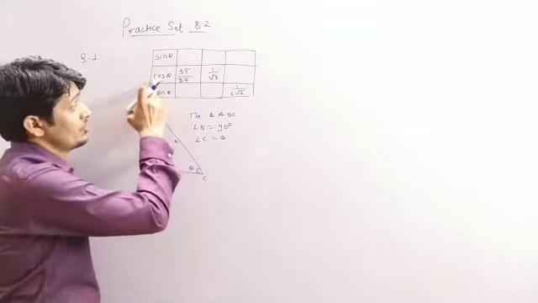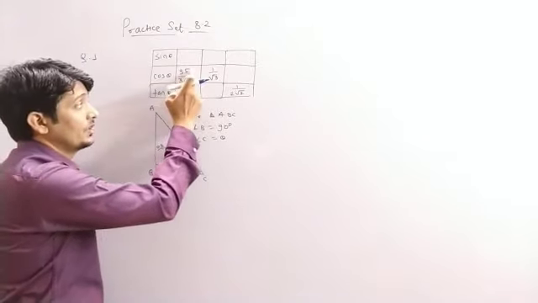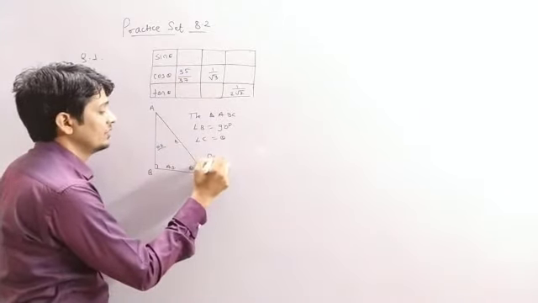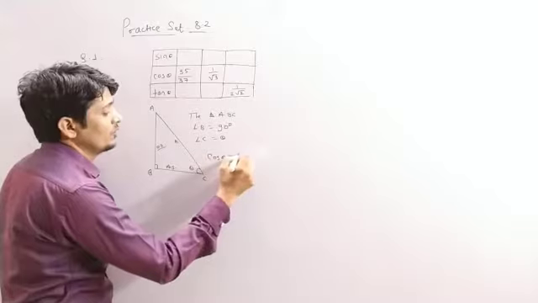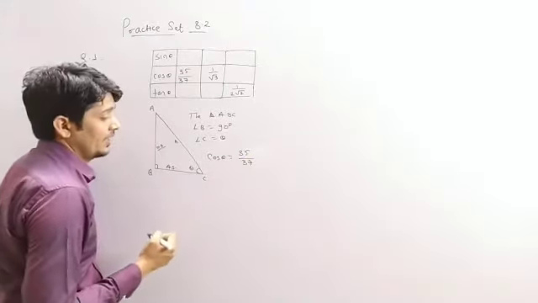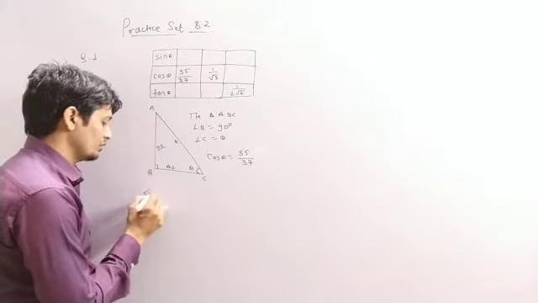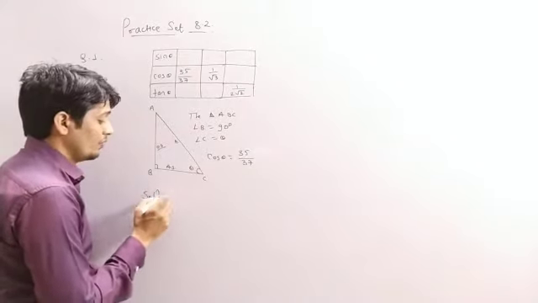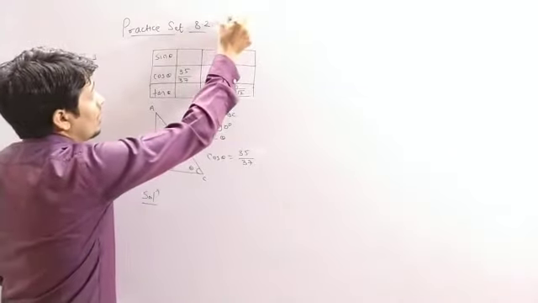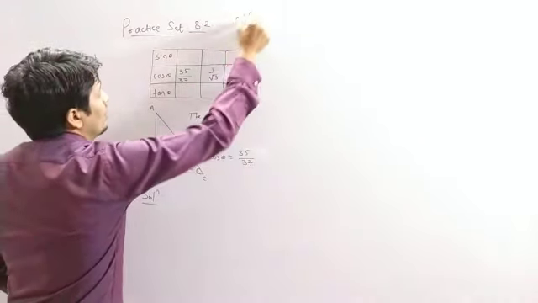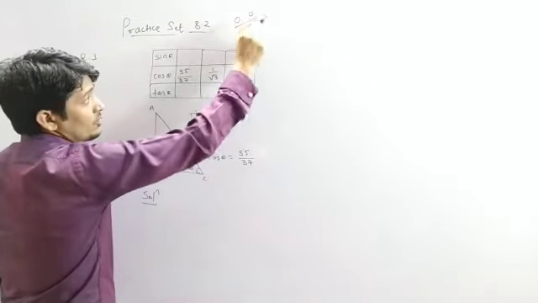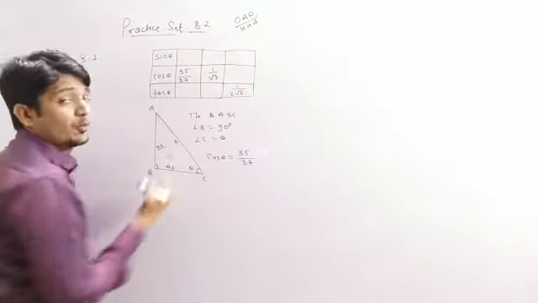Okay, so the ratio is given as cos theta equals 35 divided by 37. So we are going to solve the solution. We know cos theta equals, by using the formula, adjacent side divided by hypotenuse.